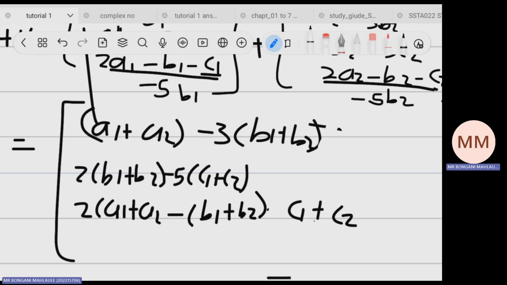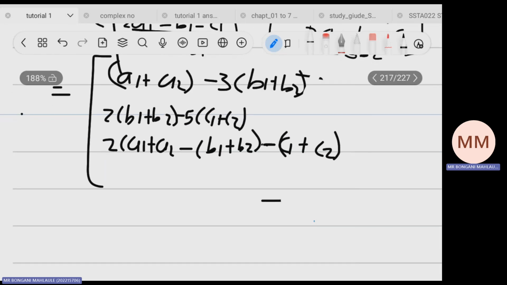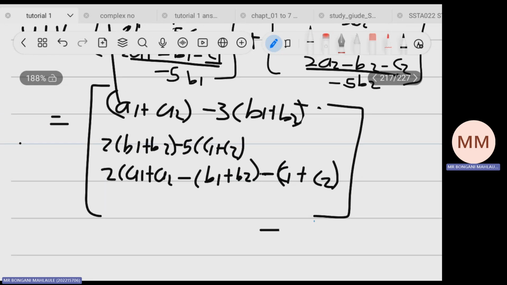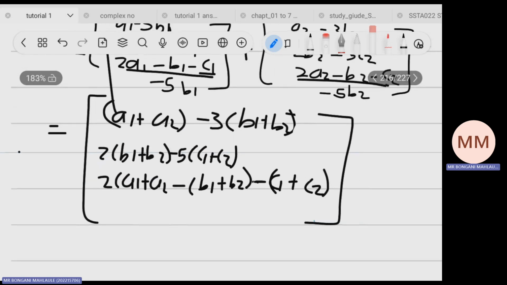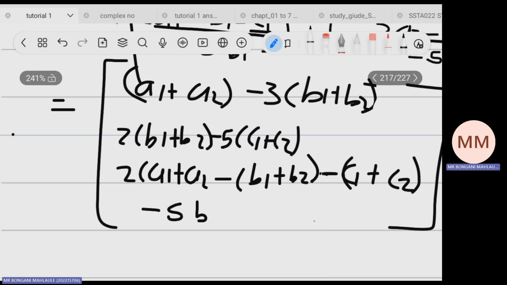This will be minus. Then we add the last ones, the last row, which is those. We'll have minus 5 times B1 plus B2.